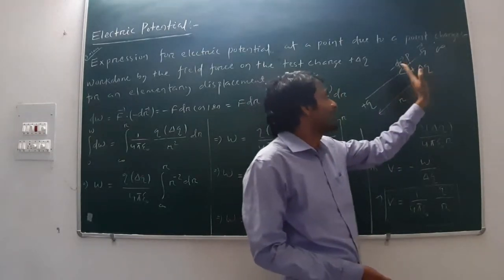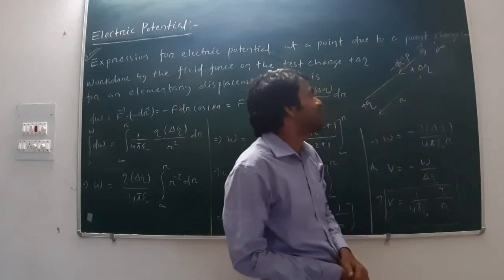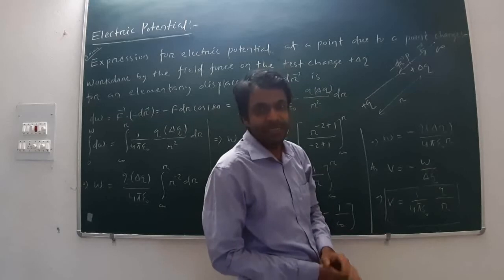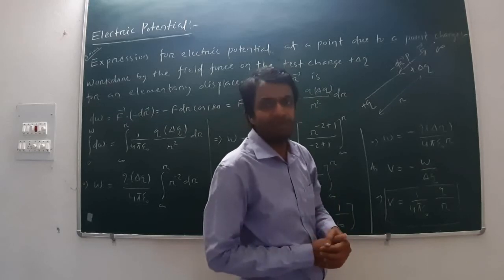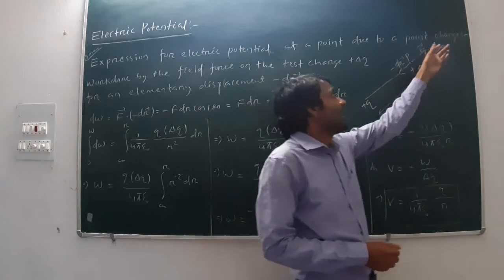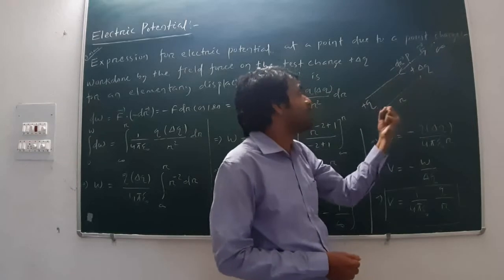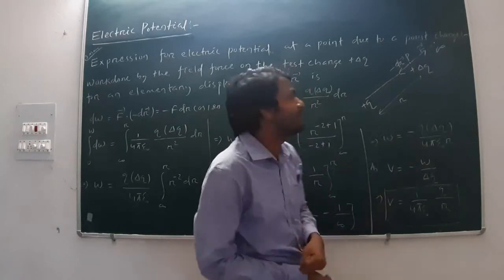Now as the force is in this direction, a linear displacement minus dr vector is taken, because it is in the opposite direction of the force, therefore it is negative. And this point is infinity, from where a unit positive test charge is being brought.